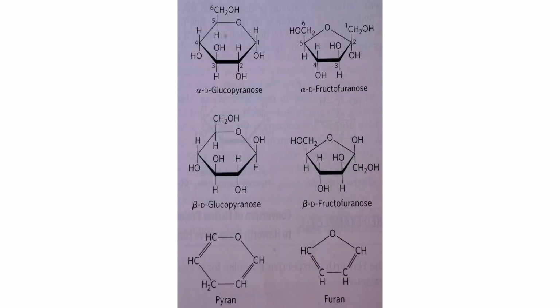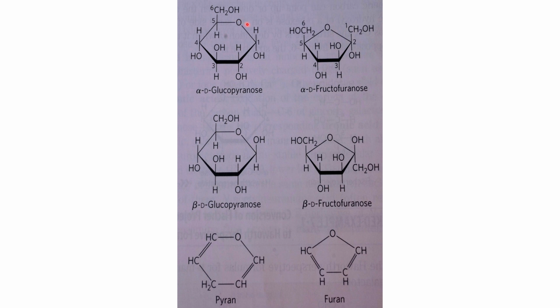So when we look at Haworth perspectives, we're using a planar representation of the molecule, but we have a bold front to this, which indicates that this is jutting out of the plane of the surface. This is going to the back of the surface, and then we have the orientation of constituent groups up, and these are on the same side, and the constituents going down are on the opposite side.